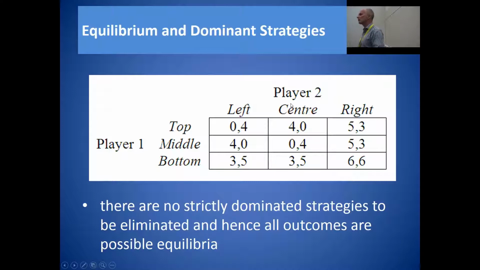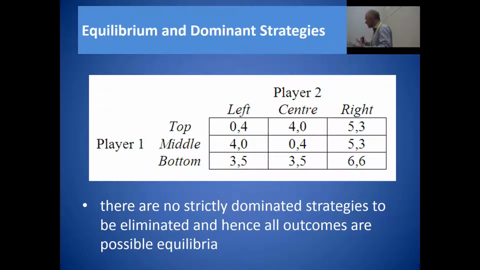What would player 1 then do? Exactly, would then choose to play top, because that gives a higher payoff. Likewise, if player 2 had chosen right, player 1 would choose bottom and get a payoff of 6. So you can see what player 1 would choose to do depends upon what player 2 does.